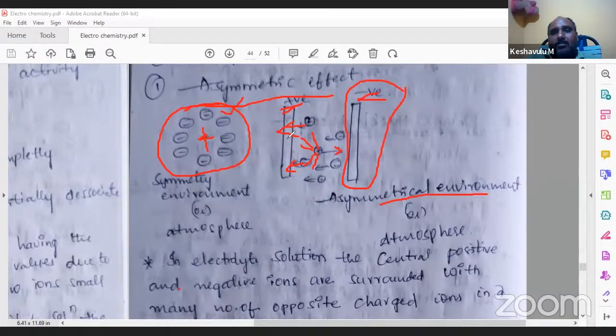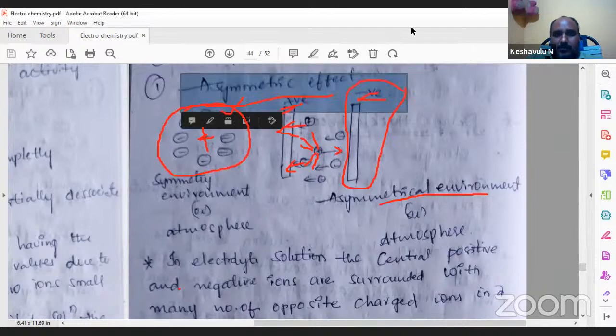That retarding of the speed of the central positive ion is called the relaxation or asymmetric effect, right? So simply, the positive ion moves towards the negative pole, but the speed of the positive ion is controlled by the negative ions. That effect is called the asymmetric effect. Is it clear?